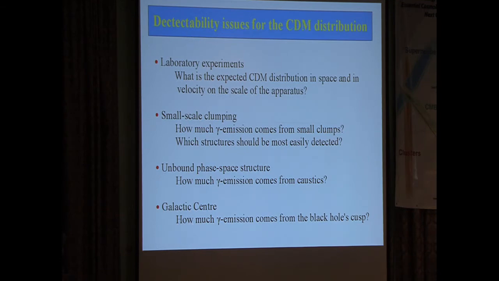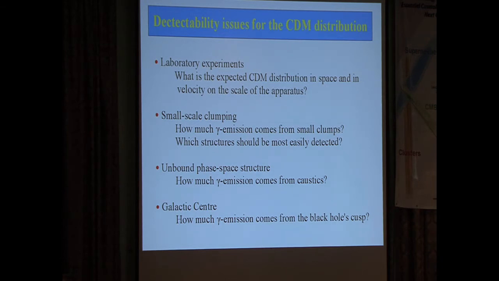Something which I won't get to talk about, which is also an interesting issue, is what you expect at the center of the galaxy. We know there's a black hole there. The black hole affects the distribution of the material around it, and in particular the dark matter. As the black hole formed, it will have pulled the dark matter around it, so you predict there should be a cusp of dark matter around the black hole.